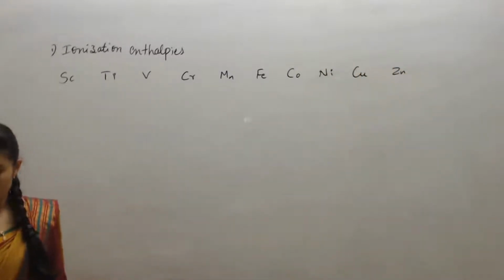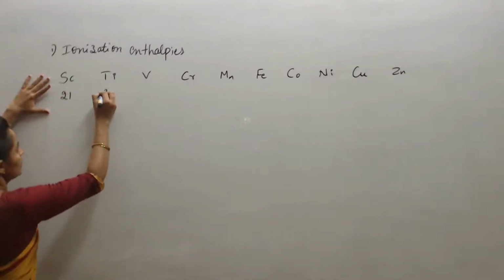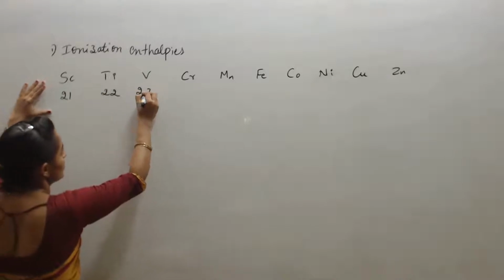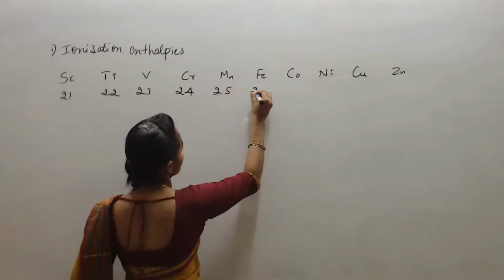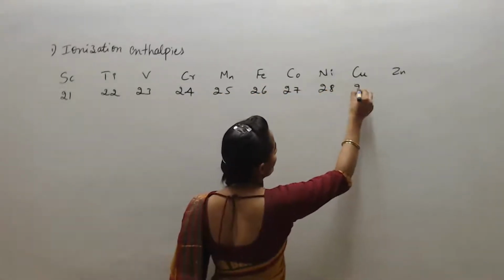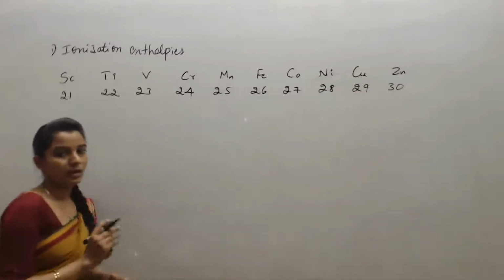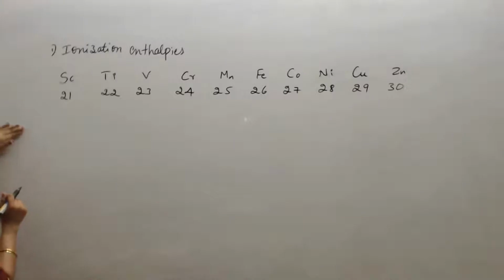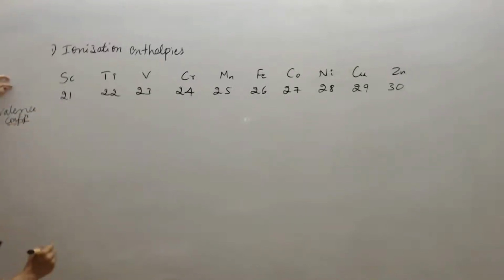Okay, here the configuration of these, first I will write the atomic numbers: 21, 22, 23. Listen, students, these series are very important. If we write the configuration, I will write only the valence configuration.